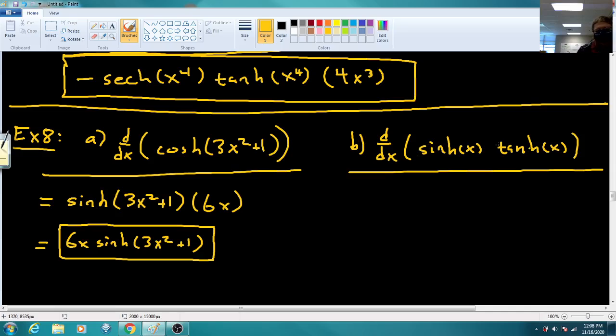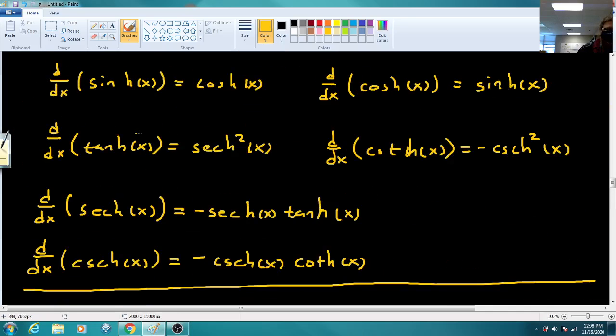For part B, the product rule is going to apply. So what we'll do there, we will leave the sine alone. We'll take the derivative of hyperbolic tangent, which should be hyperbolic secant squared.